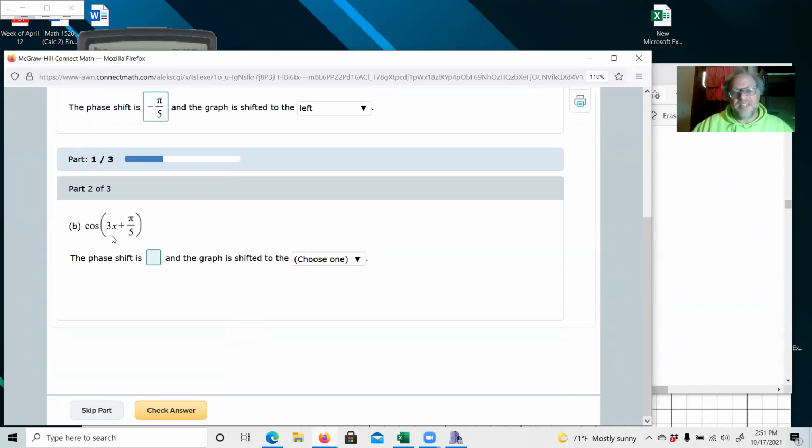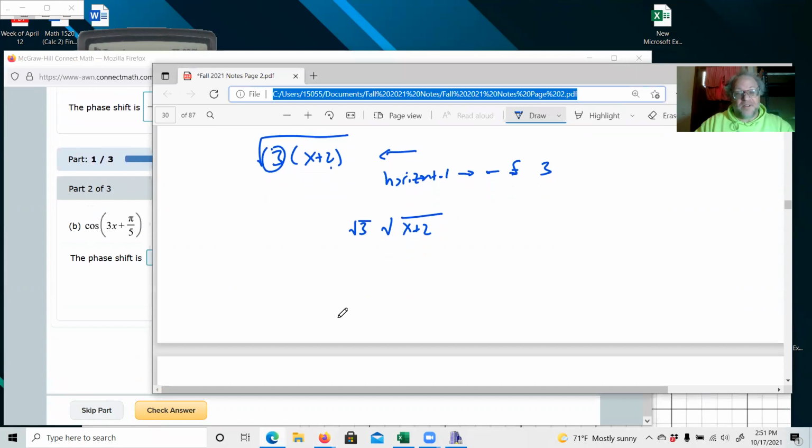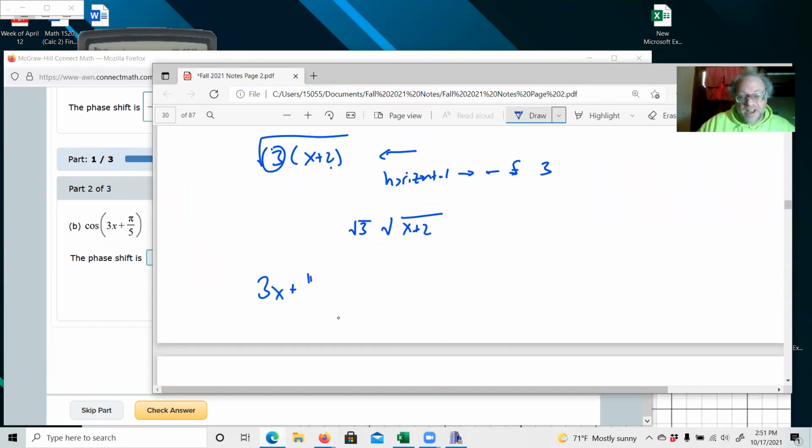Now this one, remember we had to factor this out, so we have to be a little bit careful here. We have 3x plus pi over 5. What we're looking for is 3x plus pi over 15, because we have to divide that 3 out.